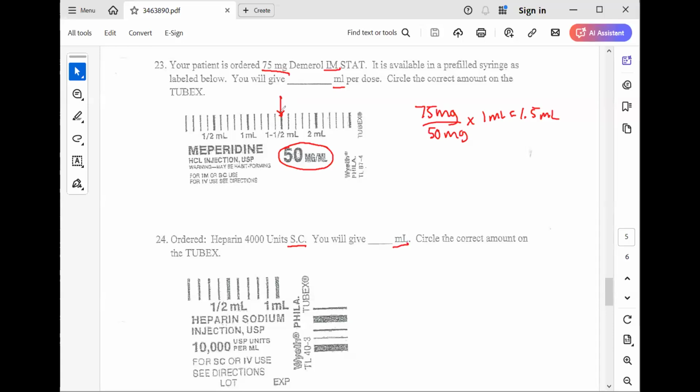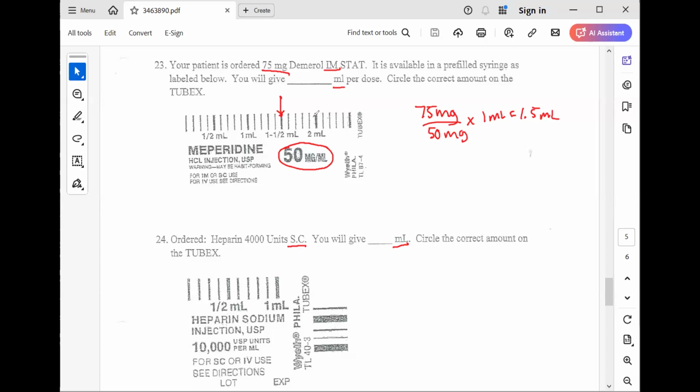Now the other thing to pay attention to is how these are separated. Sometimes they're going to be separated by 0.2 milliliter differences. This looks like it's 1, and the way to confirm it is 1, 1.1, 1.2, 1.3, 1.4, 1.5, 1.6, 1.7, 1.8, 1.9, 2.